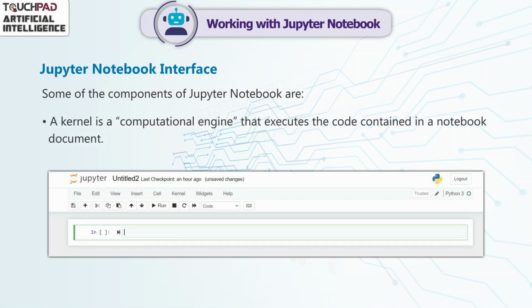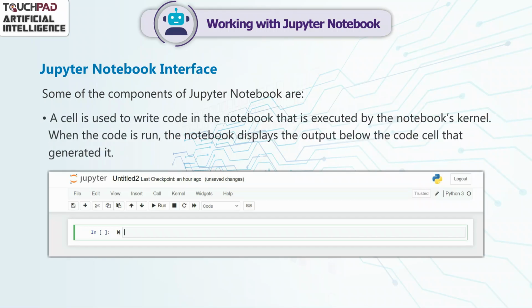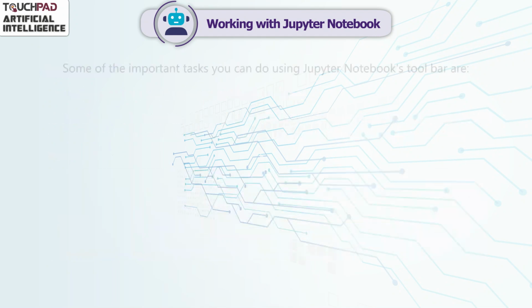A kernel is a computational engine that executes the code contained in a notebook document. A cell is used to write code in the notebook that is executed by the notebook's kernel. When the code is run, the notebook displays the output below the code cell that generated it.